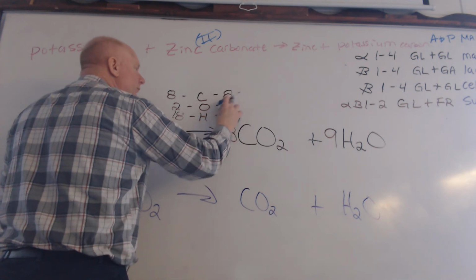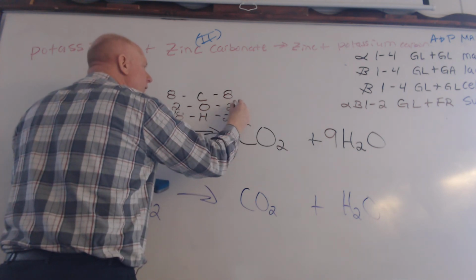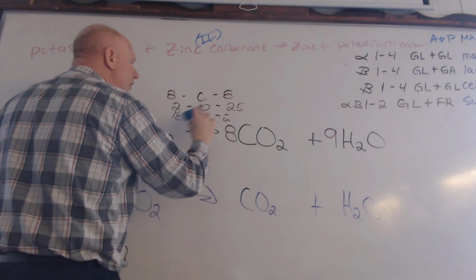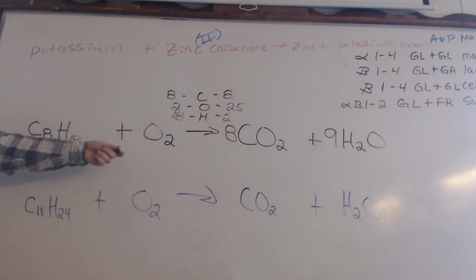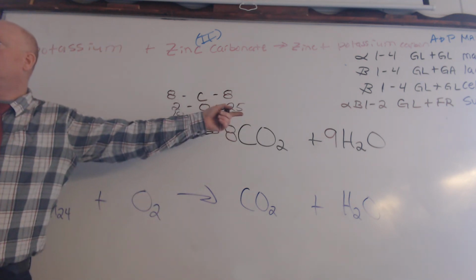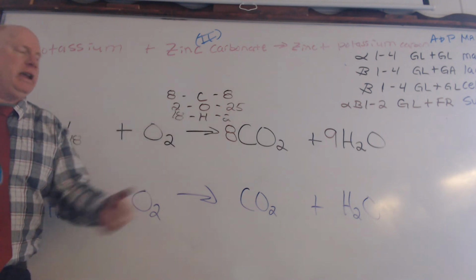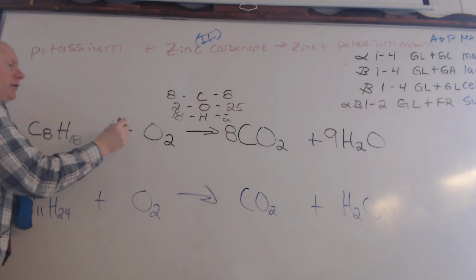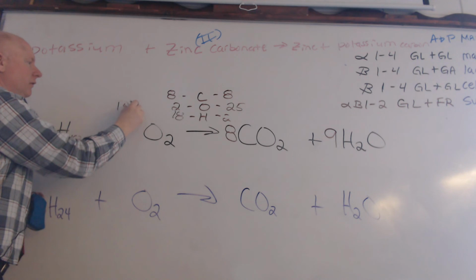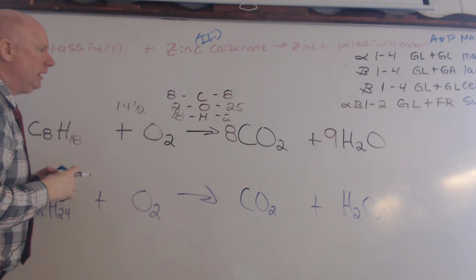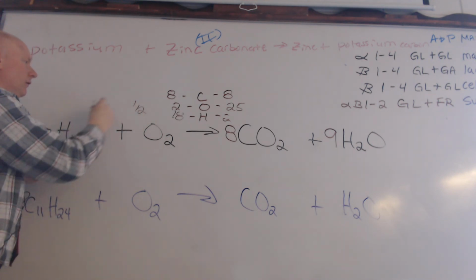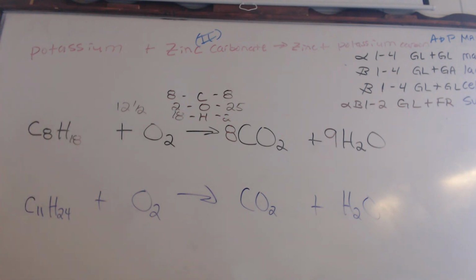Big number. 25. There's no way to get an even number to an odd number. We can't do this. Nope, that's not right. You can't do that. 12 and a half times 2.